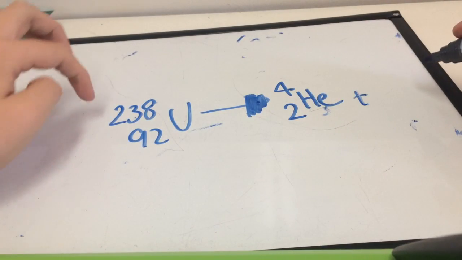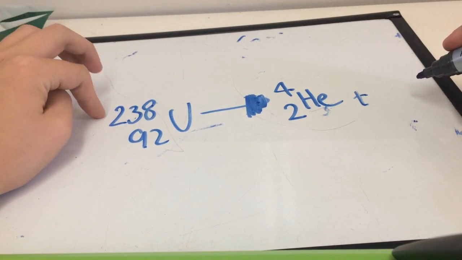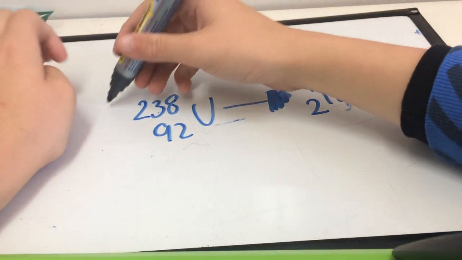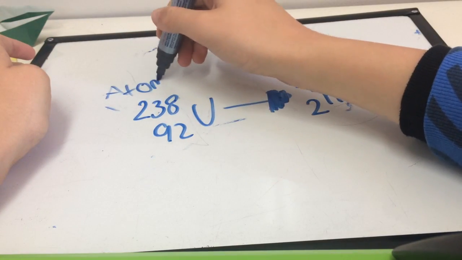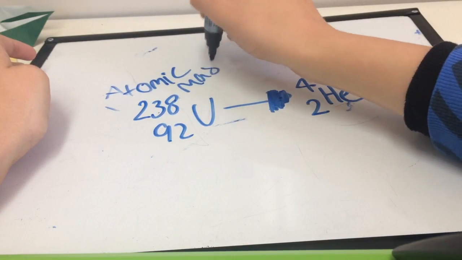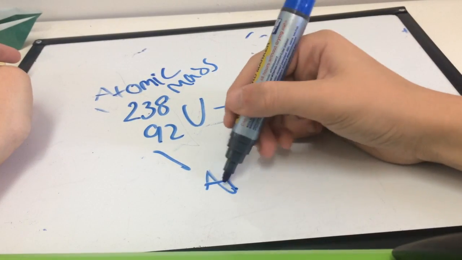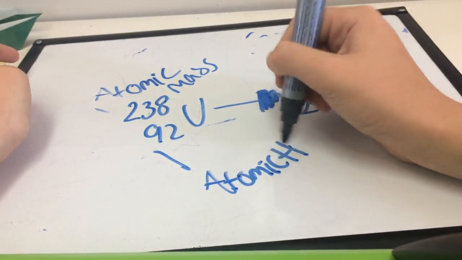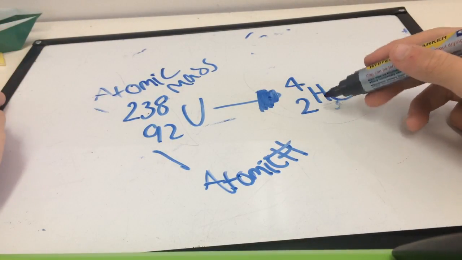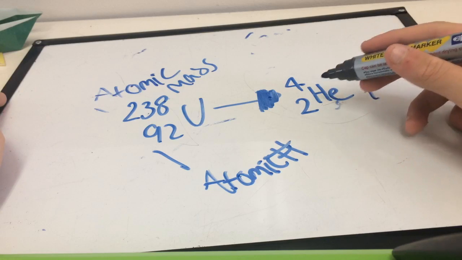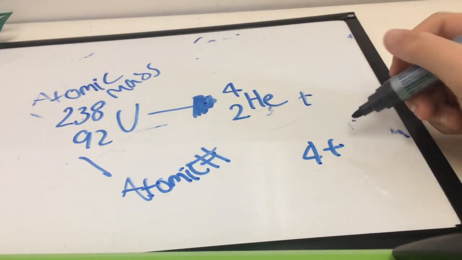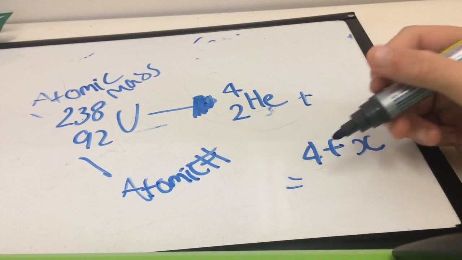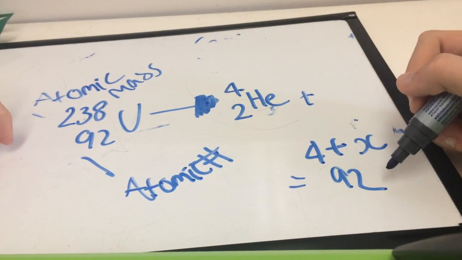So now we know. We've got 238 on the atomic mass on this side, and then we've got 92 as the atomic number. Essentially, the bottom numbers and the top numbers have to balance. So we need 4 plus what? I'm going to call it x equals 92 on this side.